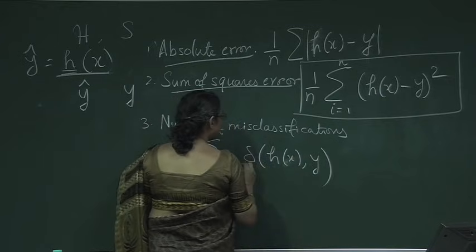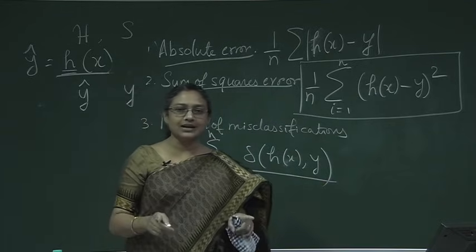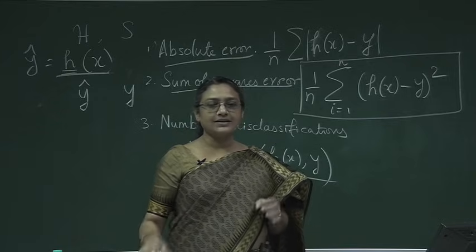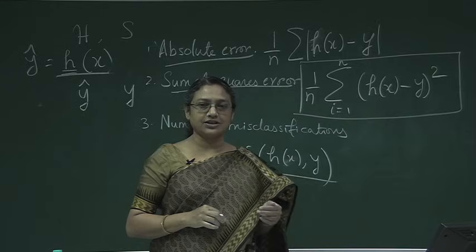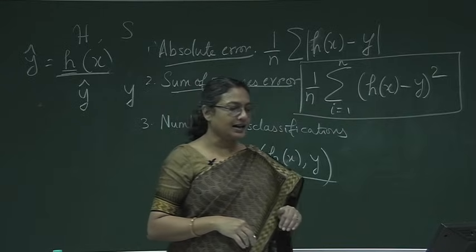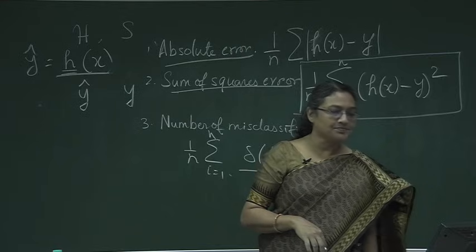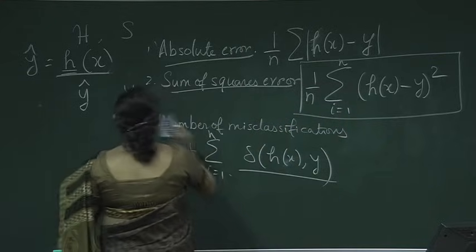So, delta is a function which returns 1 if h(x) and y are different and 0 if they are the same. Right? So, this is the number of misclassifications divided by the number of examples on which you have tested. These are some measures of error.